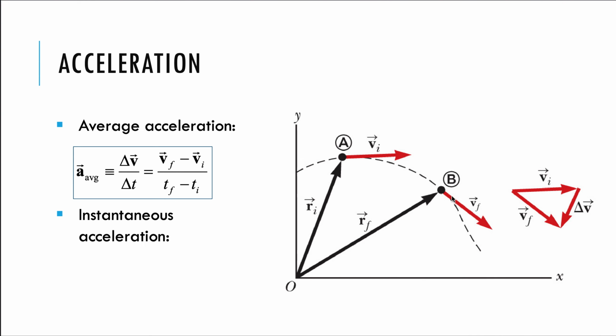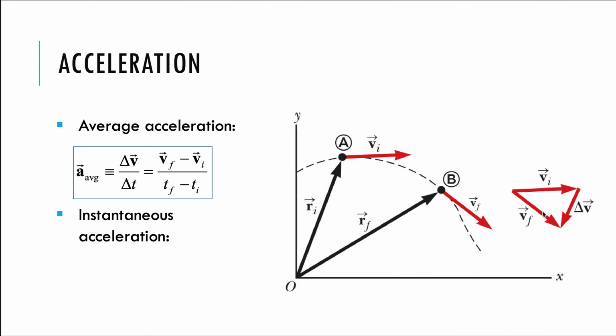You can see that the velocity is changing directions. So there is a change in velocity. We actually will talk about this more when we talk about centripetal acceleration. But for now, just realize that an acceleration is a change in velocity, and delta v points in this direction.